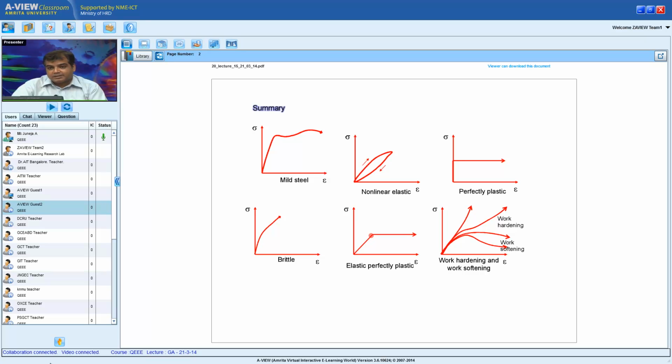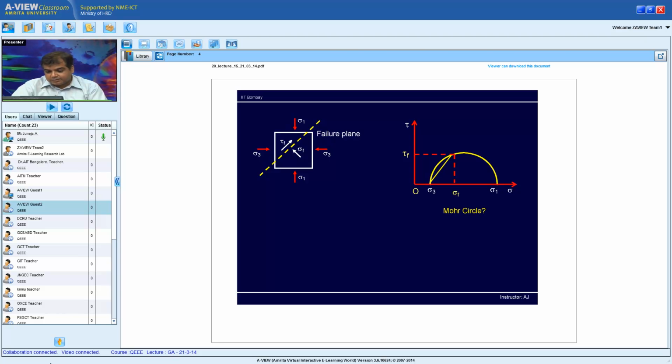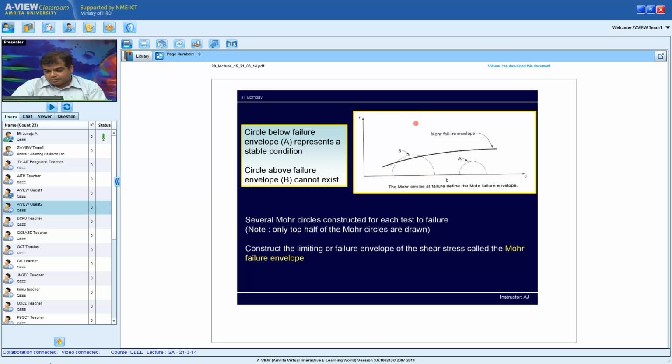So it is elastic up to yield or failure, and thereafter it becomes perfectly plastic. If I go to the current slide, this circle being lower than the yield or failure envelope is an elastic state. Likewise, circle B, which is higher than the envelope, cannot exist. Such a stress state will not exist such that you exceed the envelope.